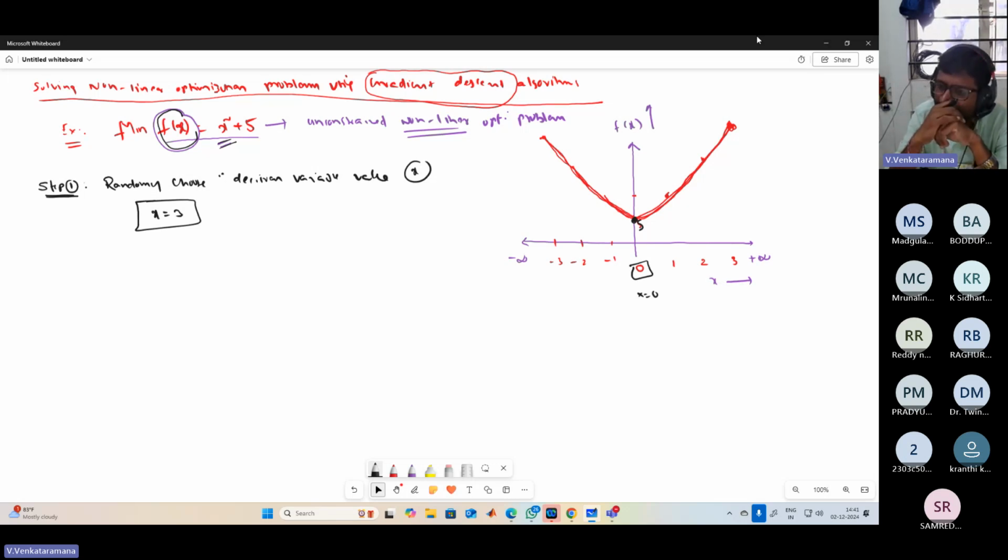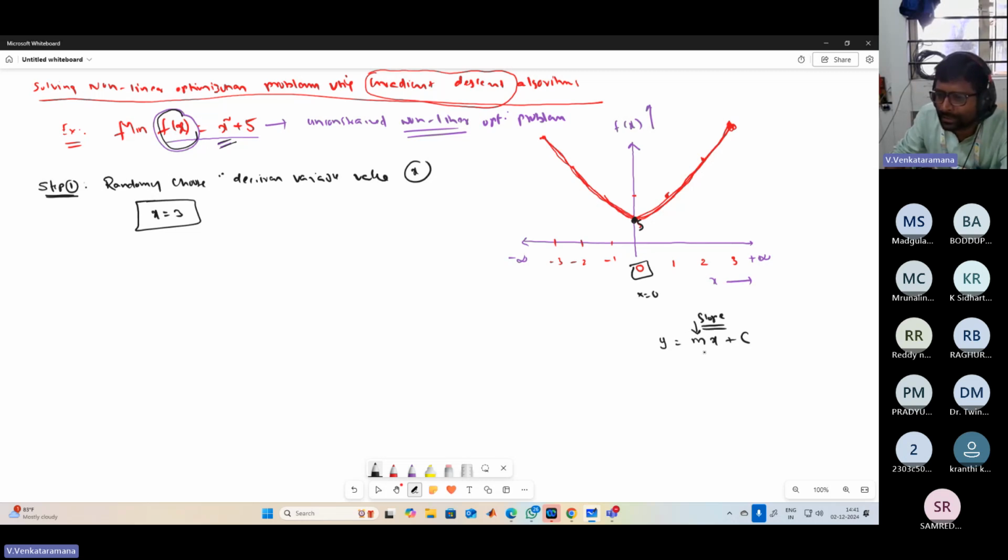For example, you have a line equation y equal to mx plus c. We know the simple line equation. In this line equation, what is m? M is called the slope, right?